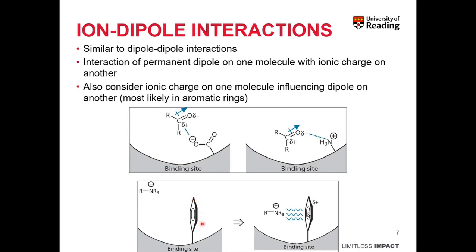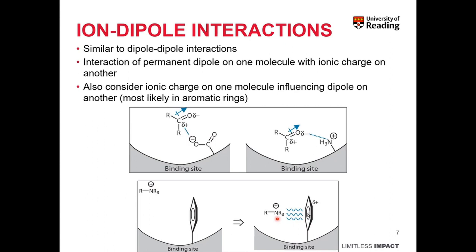So where the electrons are attracted towards the center of the ring to interact with the positively charged amine, making the outside of the six-membered ring very slightly positively charged. And you can see that here. So we have the slight positive charge on the outside, the slight negative charge in the middle, and this slight negative charge is interacting with the positive charge present on this amine.